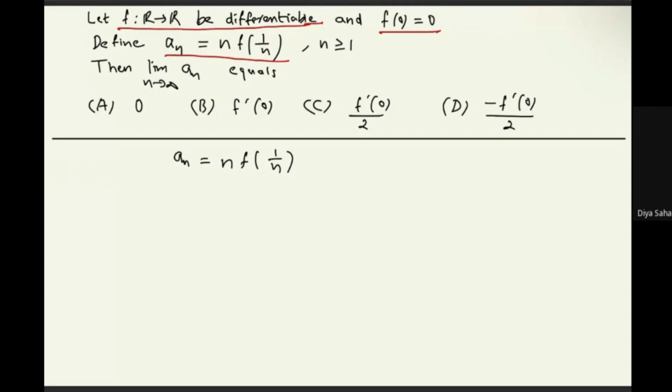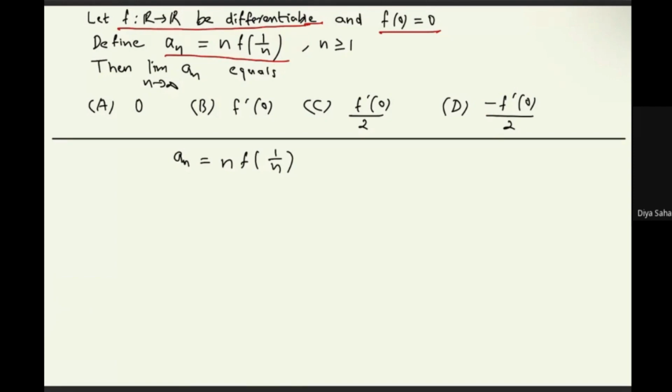So how do you find the limit? What is given is the value of f at 0, it is differentiable, some sequence is given, and we want the limit of the sequence. Any idea?